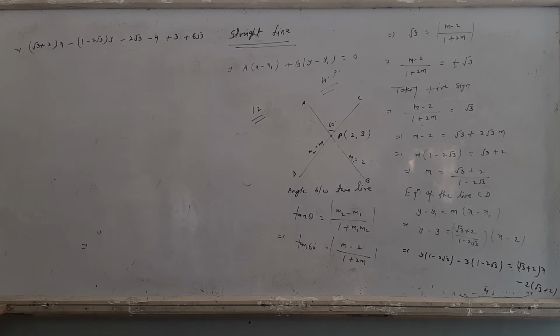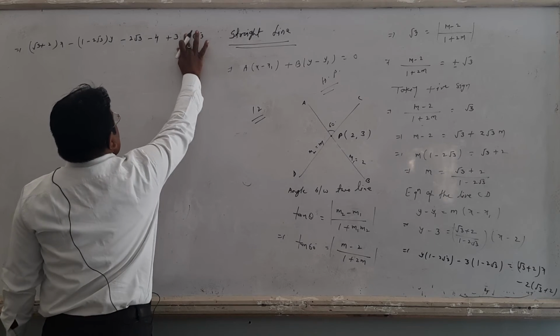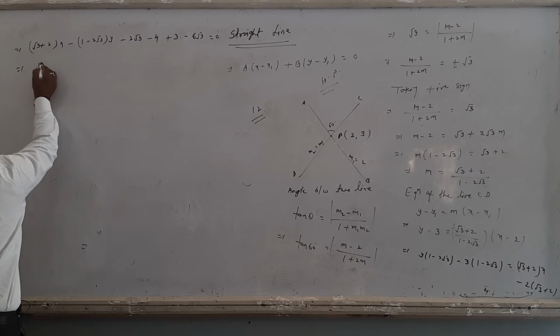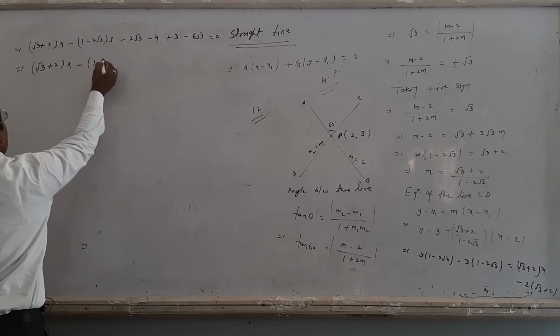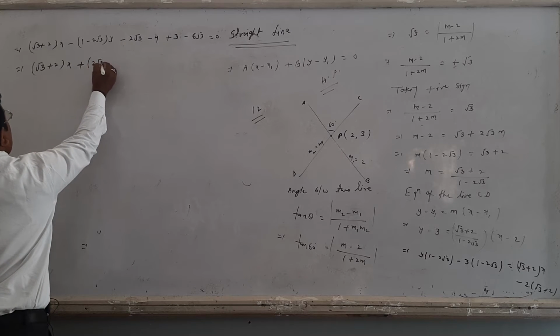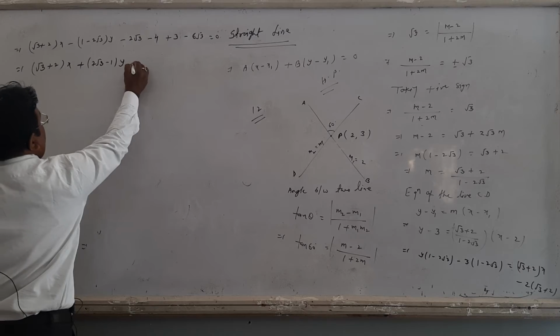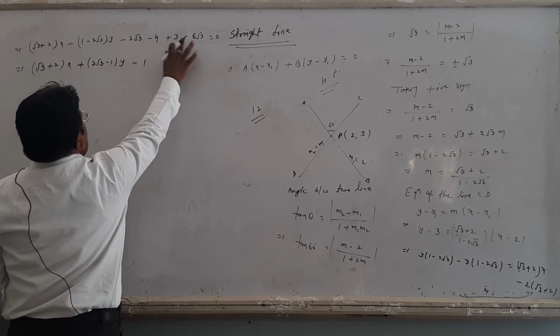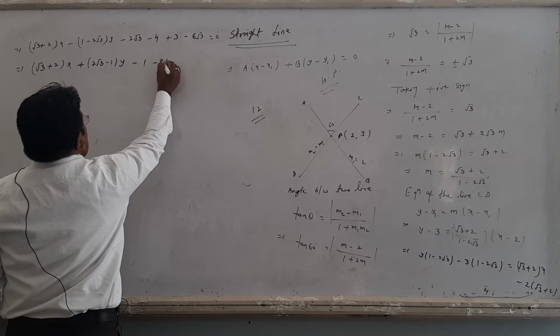Right student? This is the net term, negative, and equals 0. So now the final answer: (root 3 plus 2) x minus (1 minus 2 root 3) y, that is 2 root 3 minus 1, and minus 4 plus 3, that is minus 1, and minus 2 root 3 minus 6, that is minus 8 root 3.